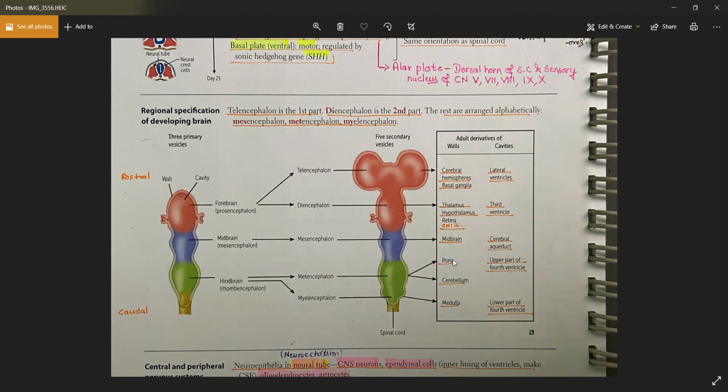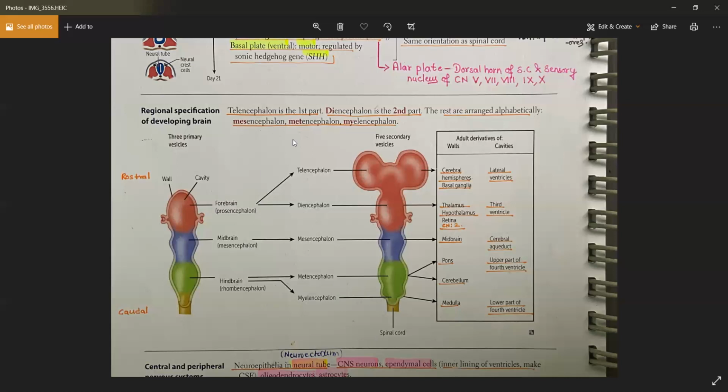Metencephalon forms the part after the midbrain, which means the pons and the cerebellum, and part of the fourth ventricle is also formed by it. Then the medulla, which is the lowest structure in your brain, is formed by the myelencephalon. So telencephalon, then the diencephalon, then the mesencephalon, then metencephalon, and then the myelencephalon. This is the organization of your brain.